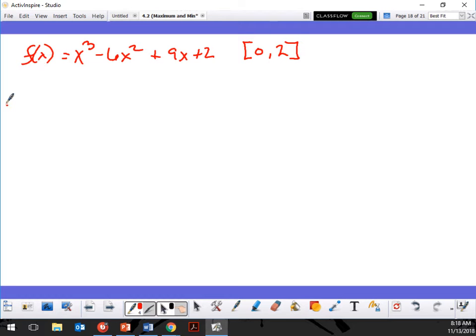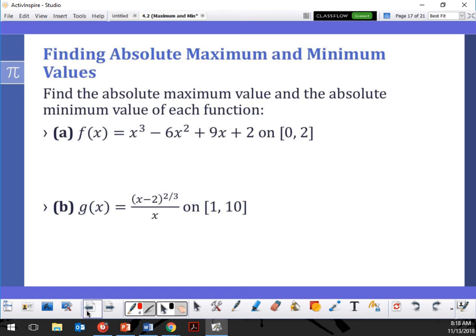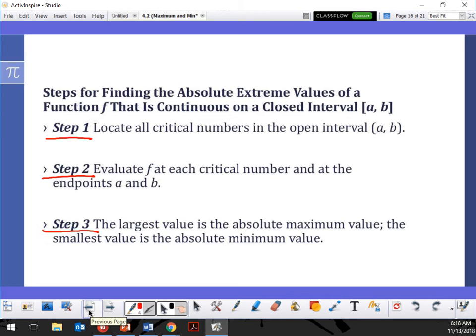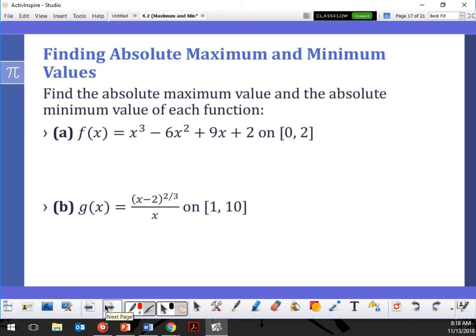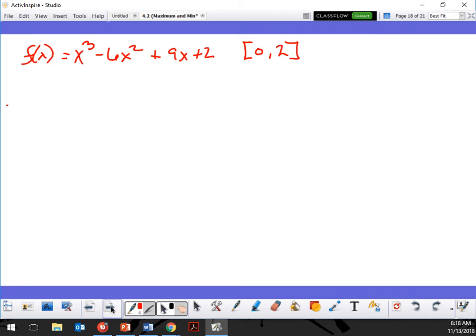All right, so step 1 said what? Locate all critical numbers. So now, critical numbers says to do what? Find the derivative.